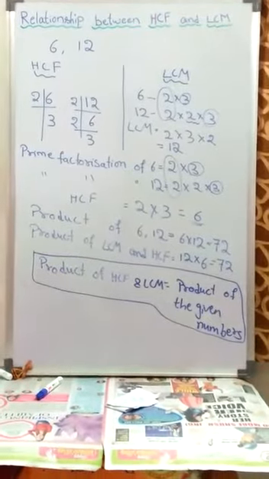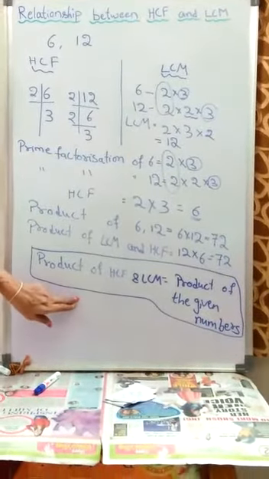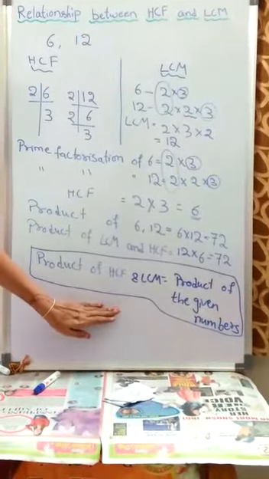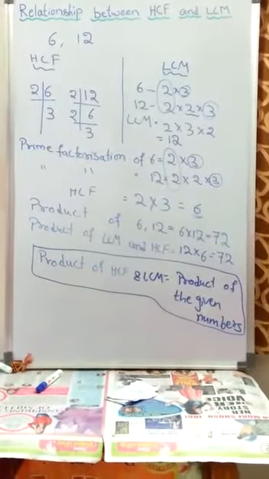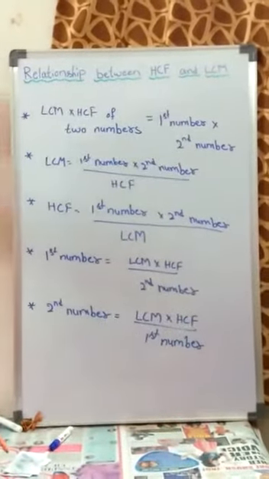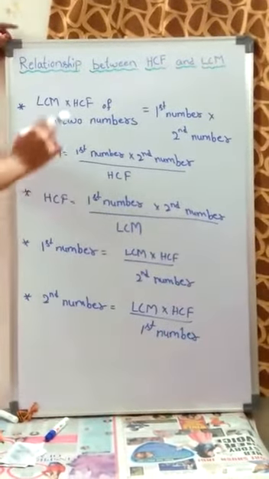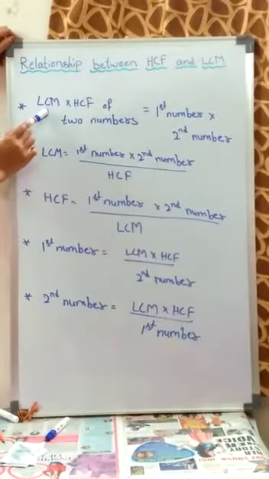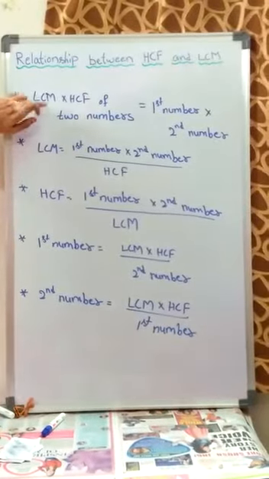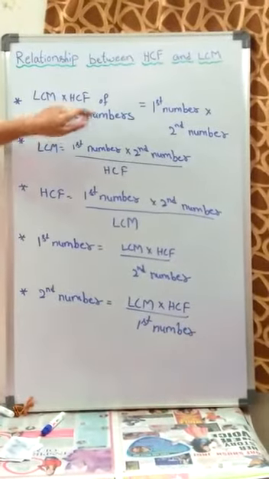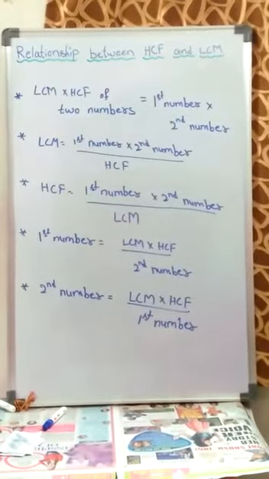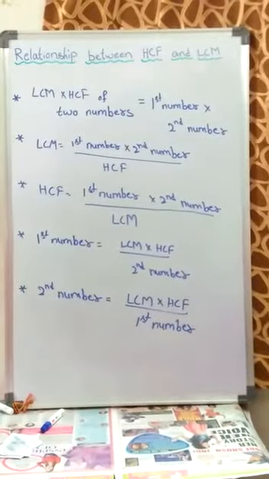When you find the product of HCF and LCM, it will be equal to the product of the taken numbers. Therefore we can conclude that LCM into HCF of the given two numbers is equal to first number into second number. First number and second number are nothing but the given numbers.